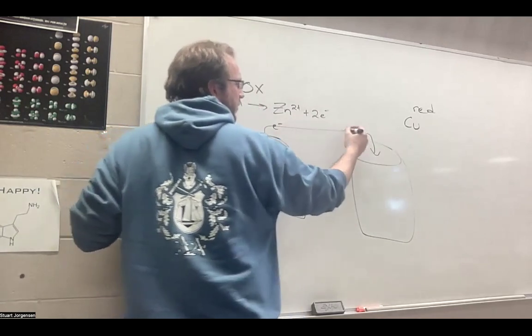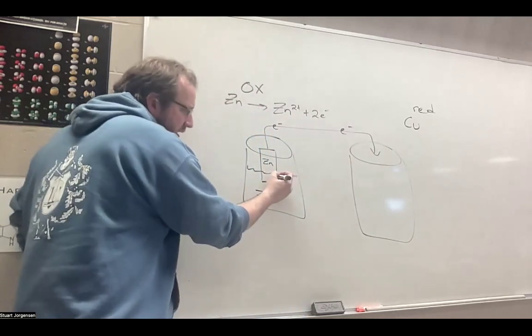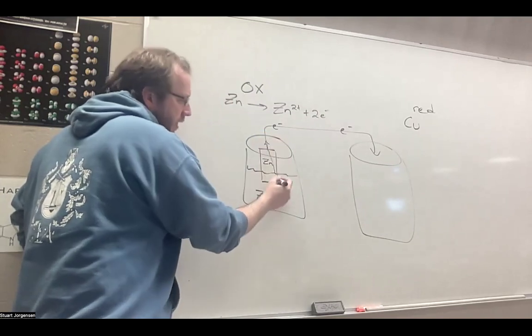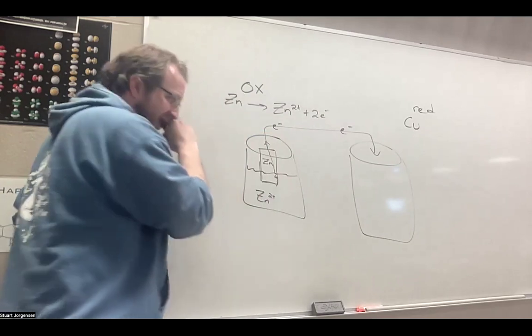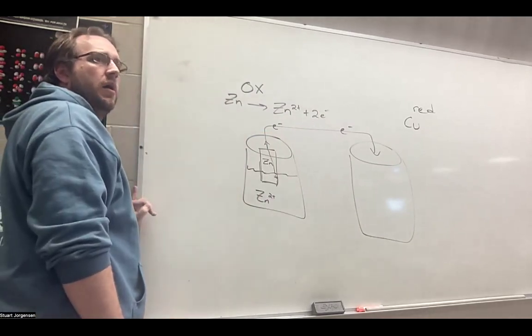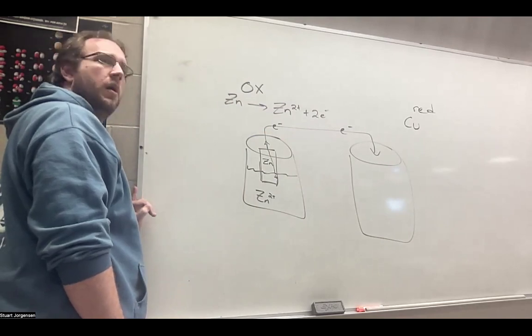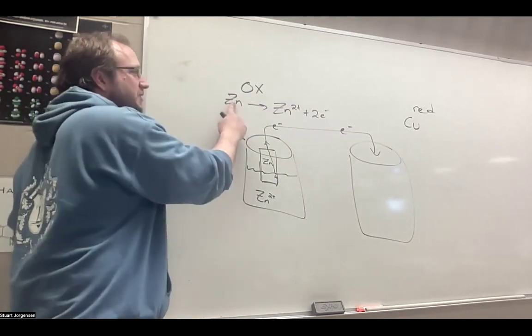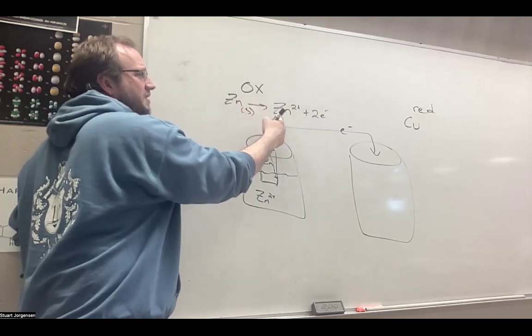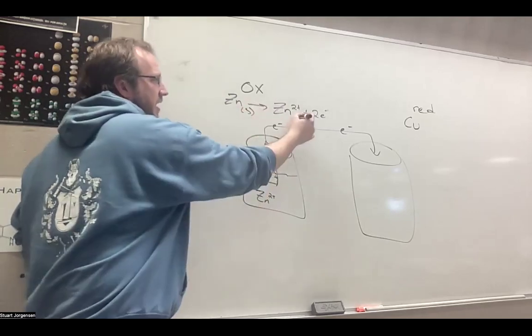Our electrons are going to go through this wire, but every time we send two little electrons up, what happens on the surface of our anode? The zinc turns into what? Our zinc turns into zinc 2+. This one's solid, but this is aqueous.